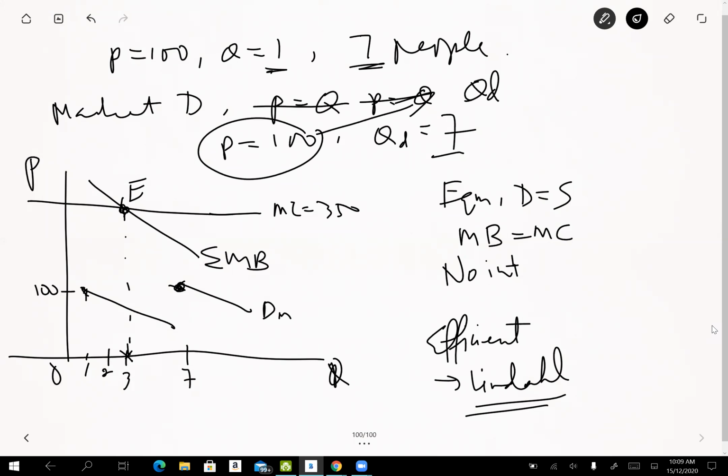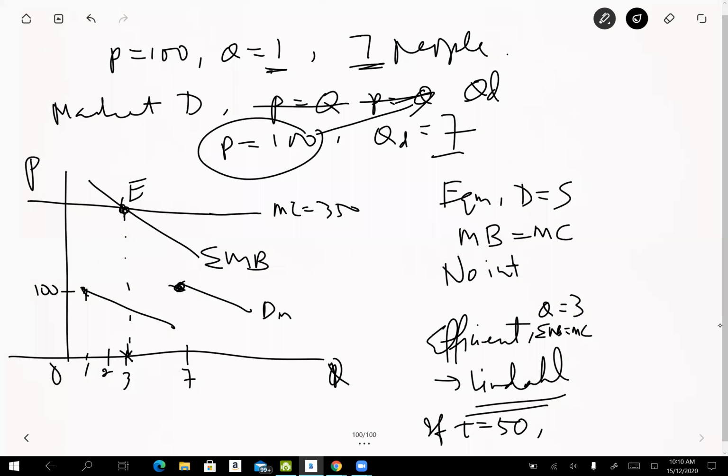So now that's the efficient, okay? That's the Lindahl model. So you know the efficient is Q equal to 3, where the market demand function equals the marginal cost.